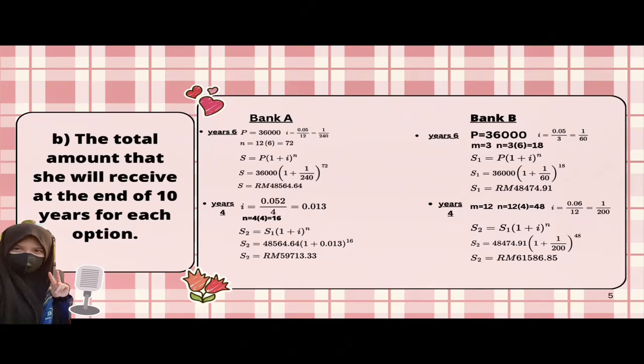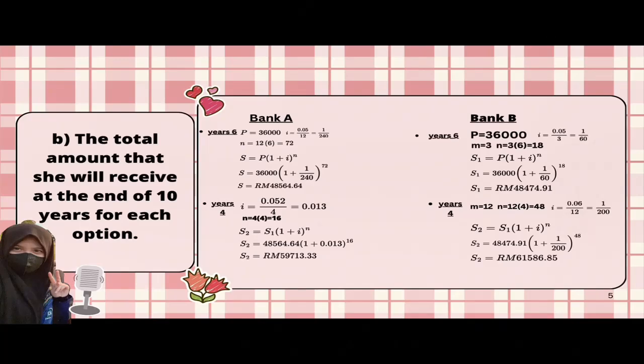You will get 59,713.33 ringgit. For Bank B, we're going to substitute again, P bracket 1 plus I bracket N, 36,000 ringgit bracket 1 plus 1 over 60 bracket 18.